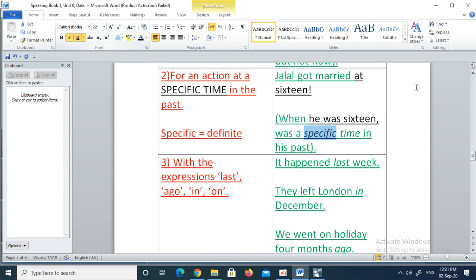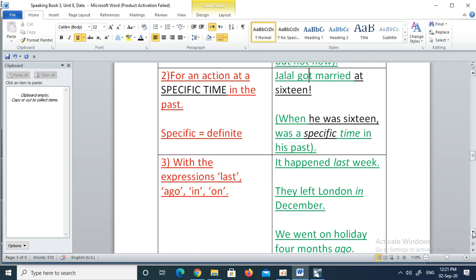So when we use a specific time in the past, then we will use the past simple tense, I beg your pardon. Got, which is the past simple of the verb to get.